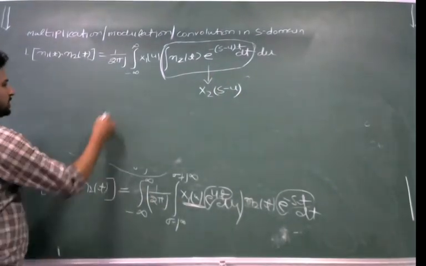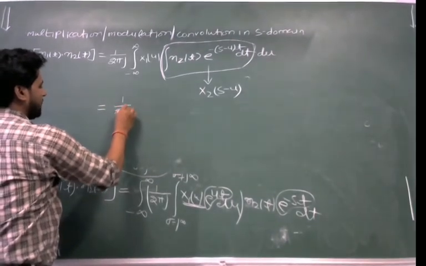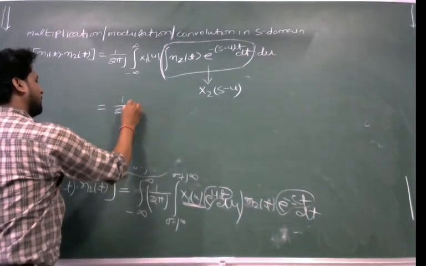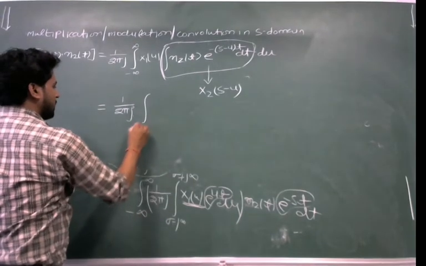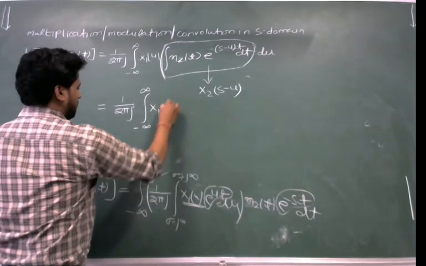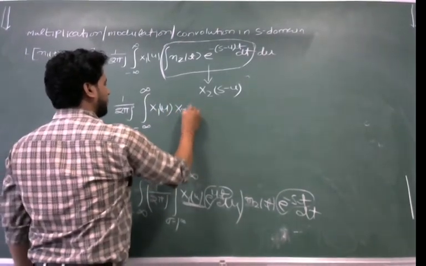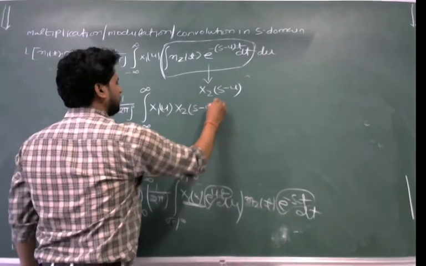Now this will become 1 by 2 pi j integration from minus infinity to plus infinity of X1(u) into X2(s minus u) du.